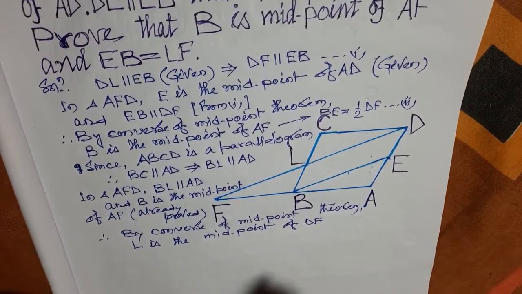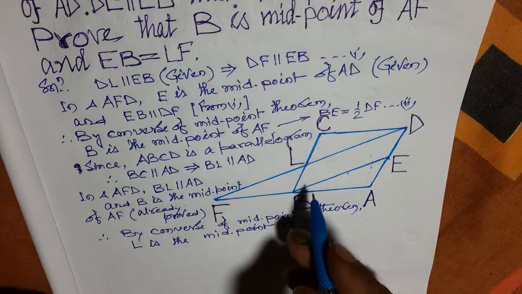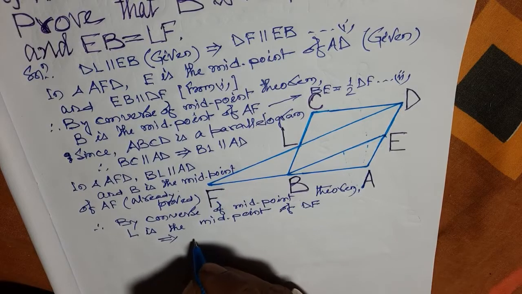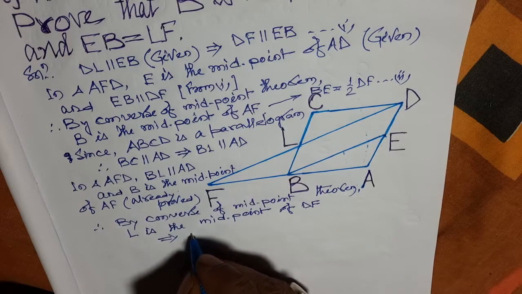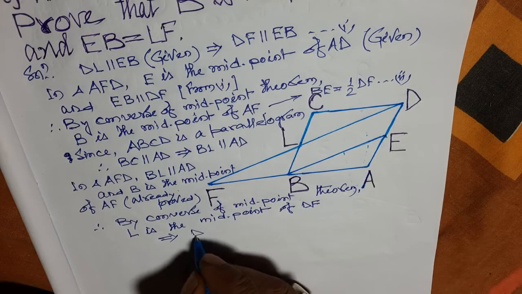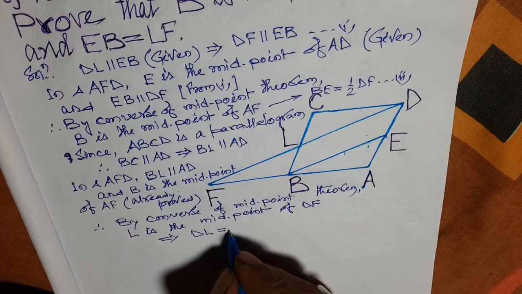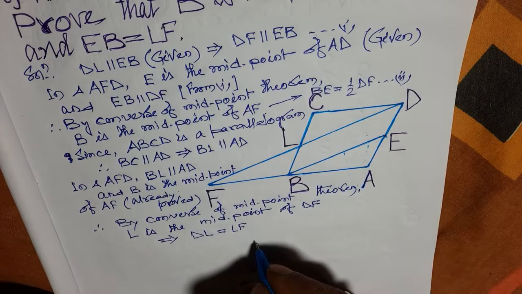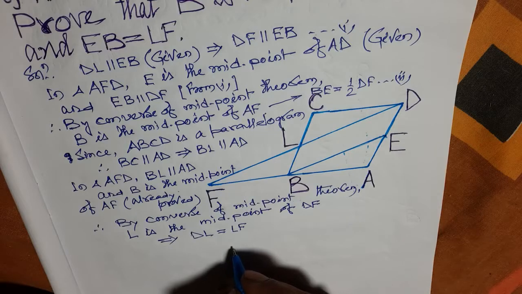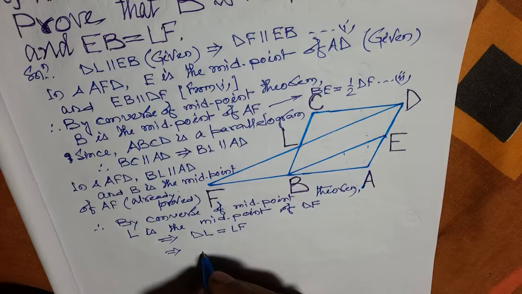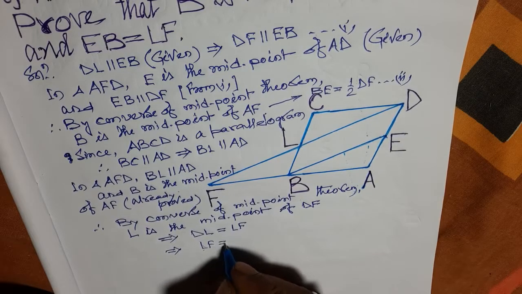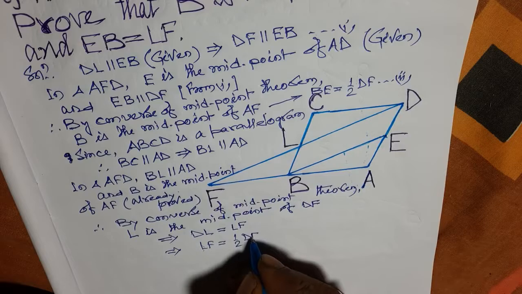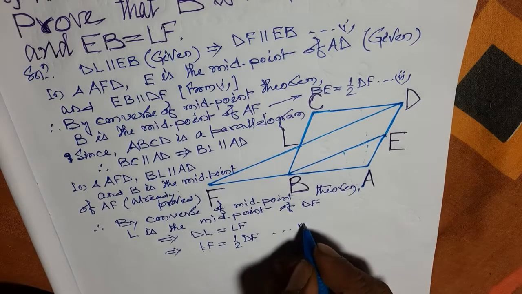By converse of midpoint theorem, L is the midpoint of DF, implies DL is equal to LF, implies LF is equal to half of DF. This is 3.